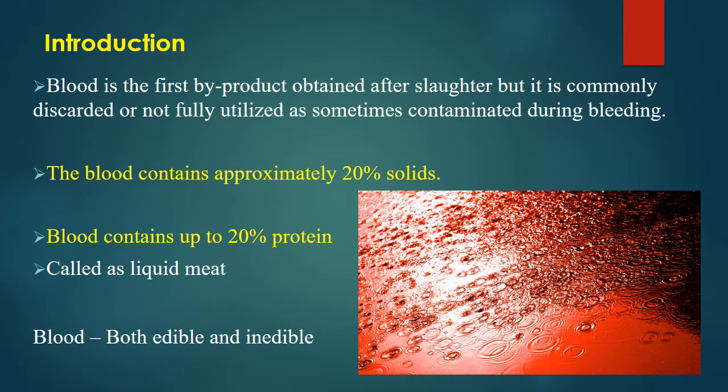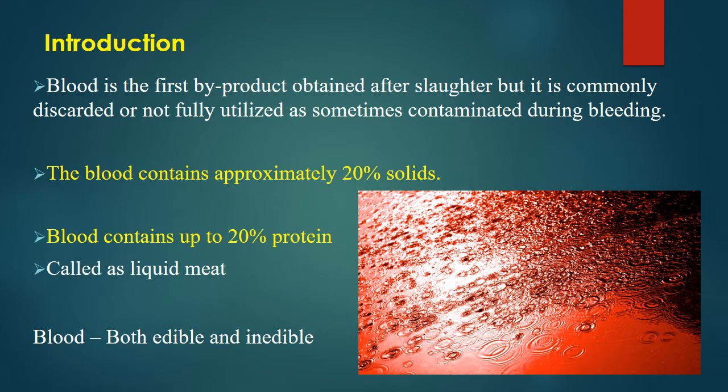This blood contains approximately up to 20% protein, and that's why it is also called liquid meat. And if we go by total solids also, it contains about 20% solids. So this blood can be used for both edible and non-edible purposes.